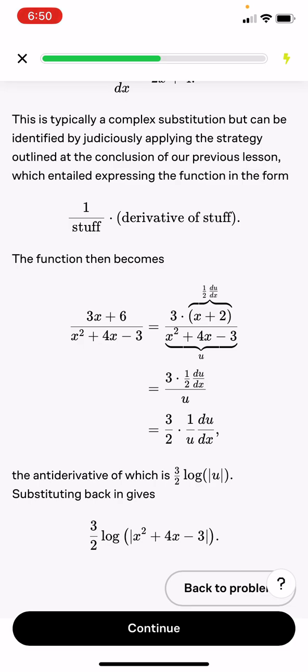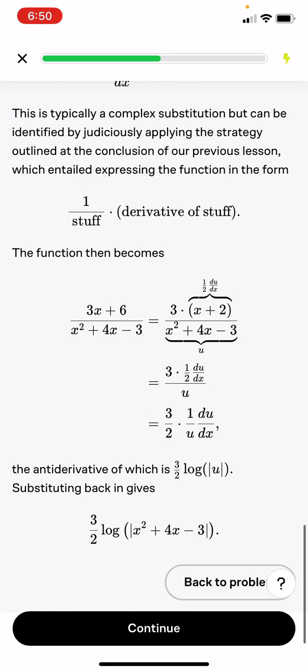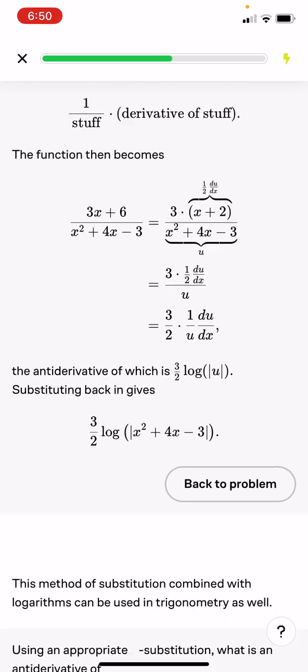The function can be simplified down to 3 over 2 times 1 over u, times the derivative of u over the derivative of x. The antiderivative of which is 3 over 2 log of the absolute value of u. Substituting back in gives 3 over 2 log of the absolute value of x squared plus 4x minus 3, which is our answer.